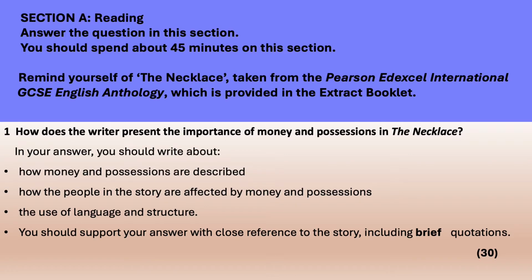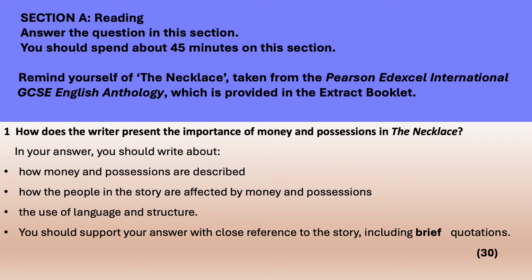This is your question, Section A, reading. As this question carries 30 marks, you are supposed to write a lengthy answer, spending 45 minutes. You're asked to remind yourself of The Necklace in your Pearson Edexcel International GCSE English anthology provided in the extract booklet.